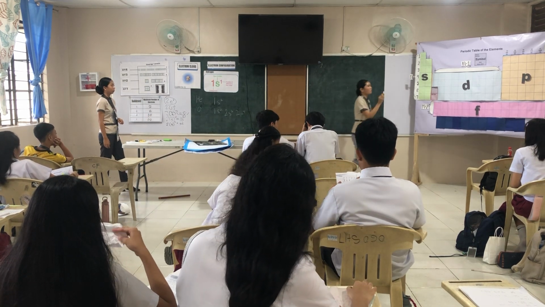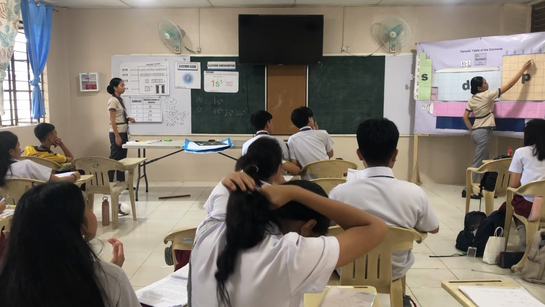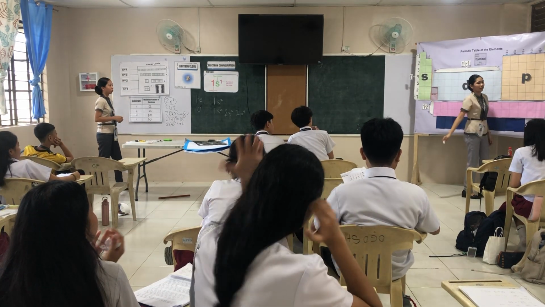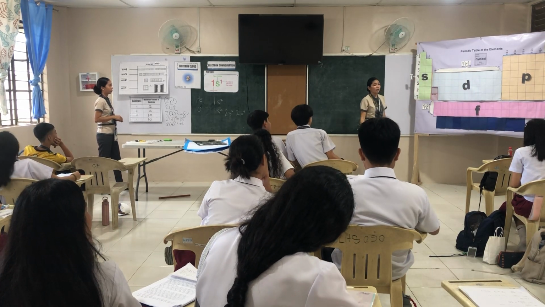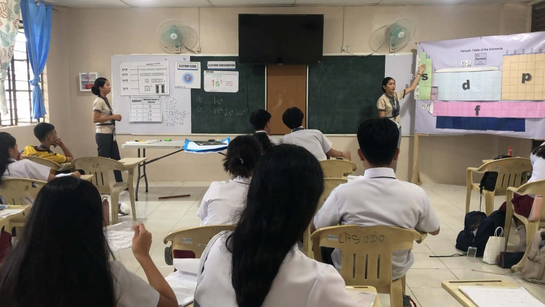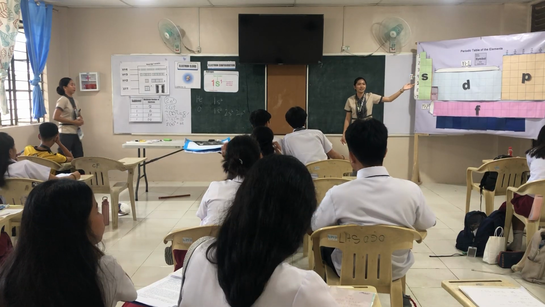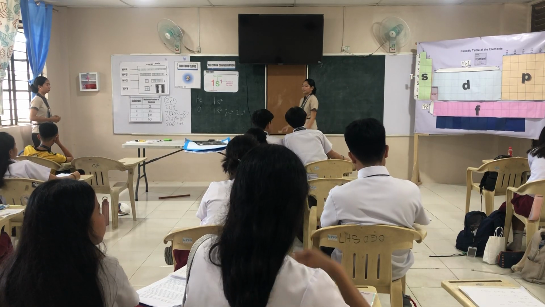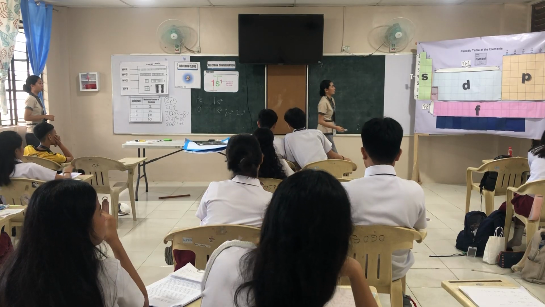We only have 4 electrons in the 2p because this is the oxygen. And we already wrote all the types of orbital and number of electrons of the other electron configuration. Do you understand, class? Okay.